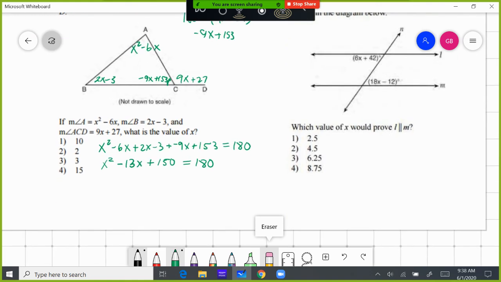Now, this is a quadratic equation. So to solve a quadratic equation, you want to set it equal to 0. So I'm going to subtract 180 on both sides. Okay. And now to solve, I'm going to factor. So numbers that multiply to negative 30 and add up to negative 13.